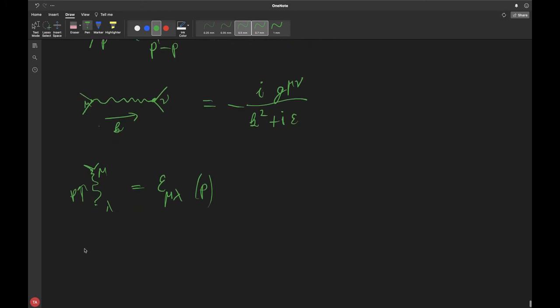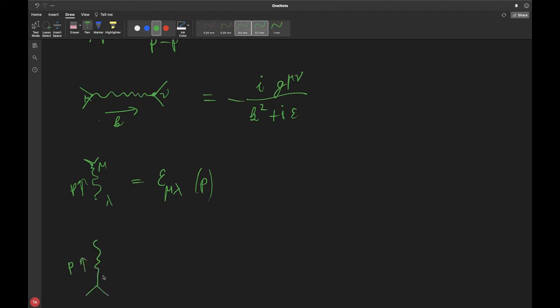And if we have it the other way around, this is an outgoing particle, so this is going to be epsilon star nu lambda of p. So this vertex is now nu, and the lambda is the polarization index.